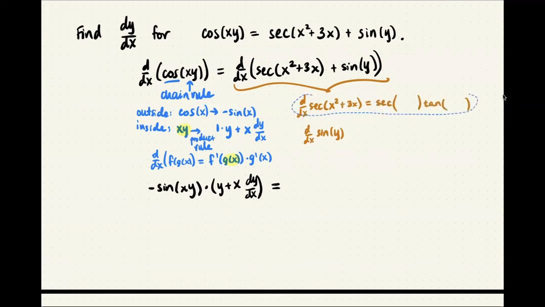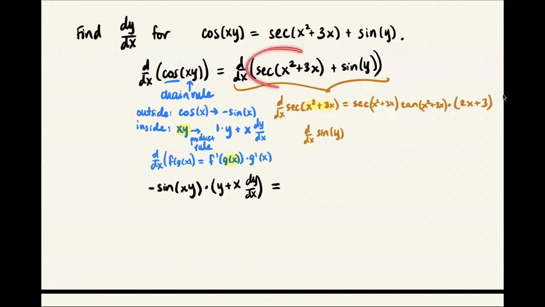But instead of just putting x's in there, I need to evaluate at the inside function, which here is x squared plus 3x. So I put x squared plus 3x wherever there would have been an x in my derivative. Then I multiply by the derivative of this inside function, which is 2x plus 3. Okay, so that takes care of this term.